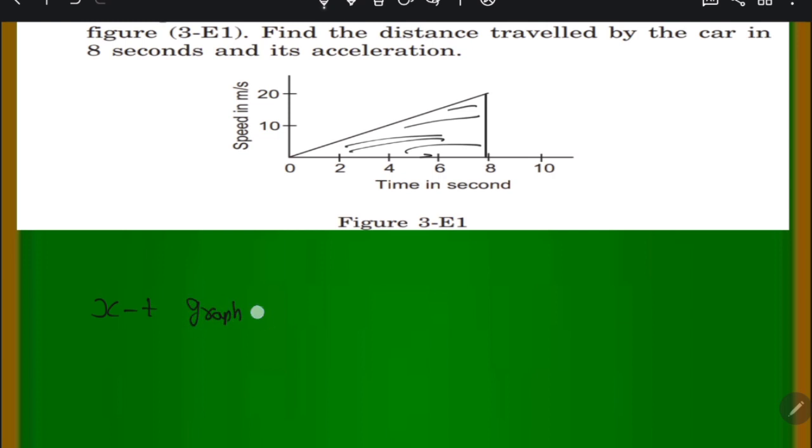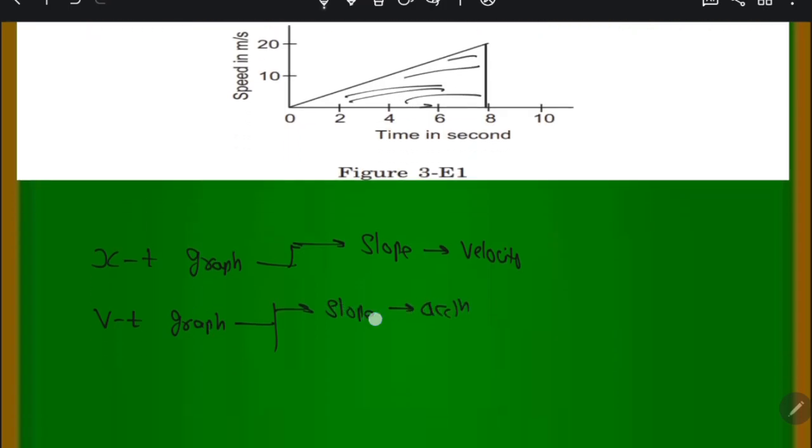Oh, sorry. Let me just write the information. In a position time graph, if you find the slope, you get velocity. And in a velocity time graph, if you find the slope, you get acceleration, right? And if you find the area, that gives you displacement or distance.